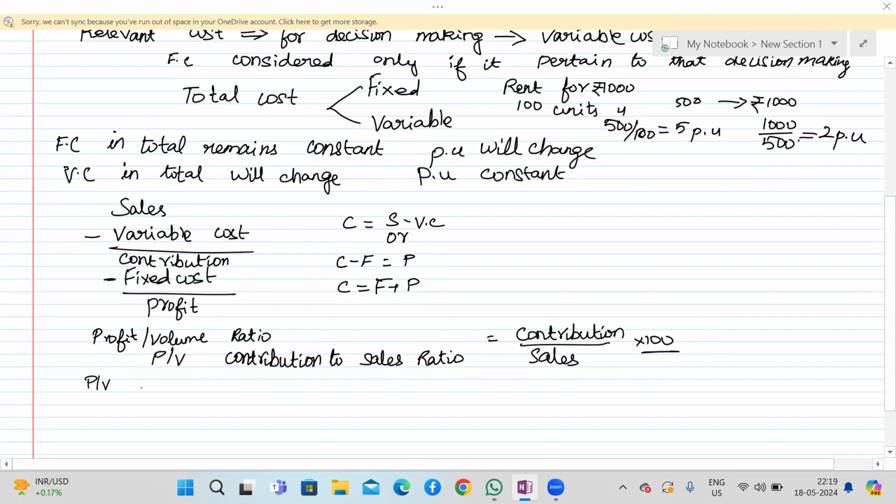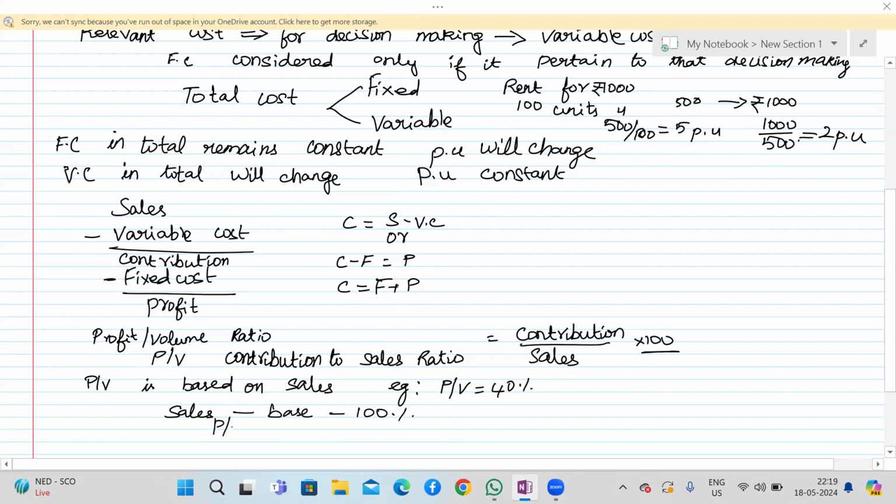So PV ratio is based on sales only. That means, for example, a PV is said to be 40%. That means on sales, it is 40%. So sales will be the base, sales base, that is 100%.